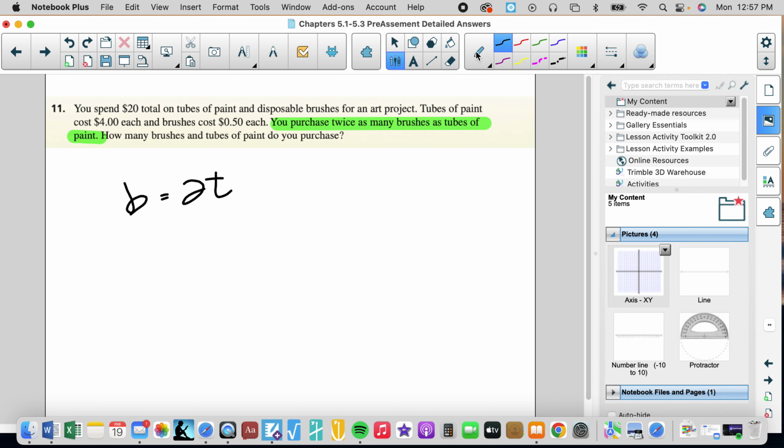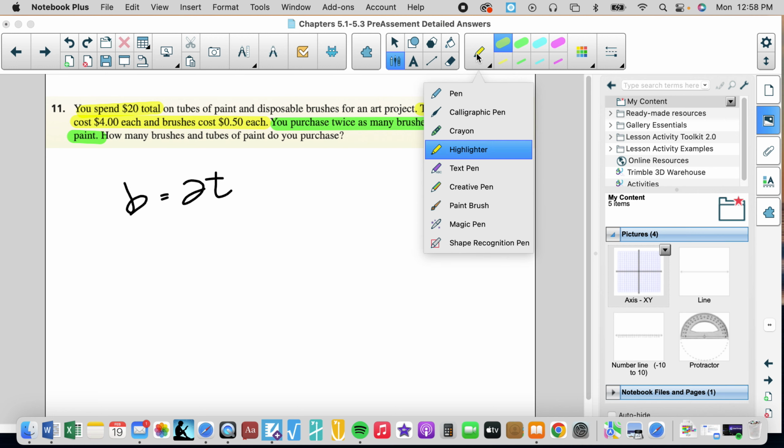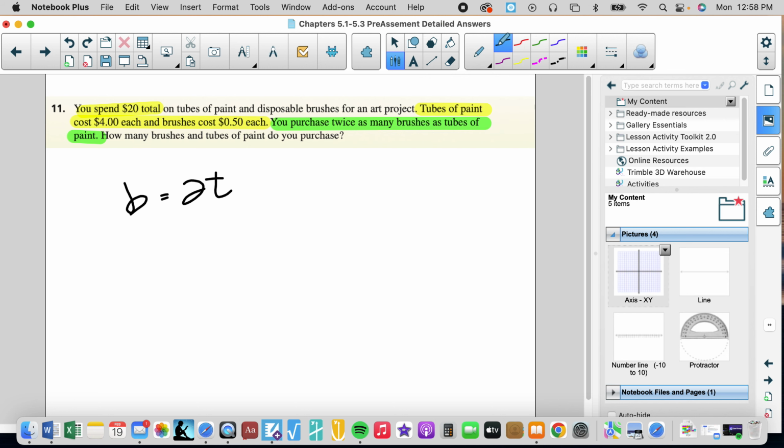And then my other equation is I spend $20 on brushes and the tubes of paint. So I know that if I want to find the total cost, I'm going to take the cost for the paint tubes. So it's $4 for each tube.